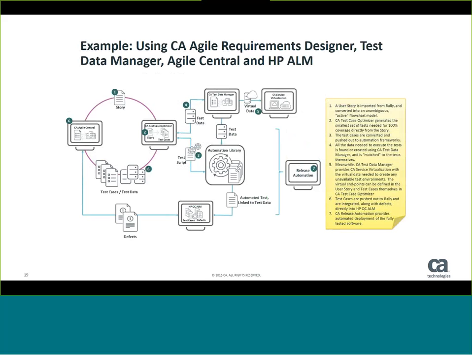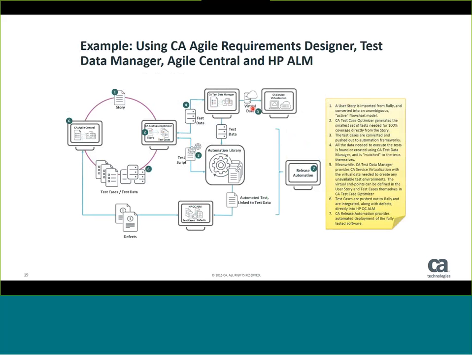So basically what will happen here is that we have ARD, we have a user story, we generate the test cases overall here. We generate a test script, it's placed in the automation library where it's going to be generated, and then HPLM can run it or another framework can run it, depending on what you're trying to accomplish.